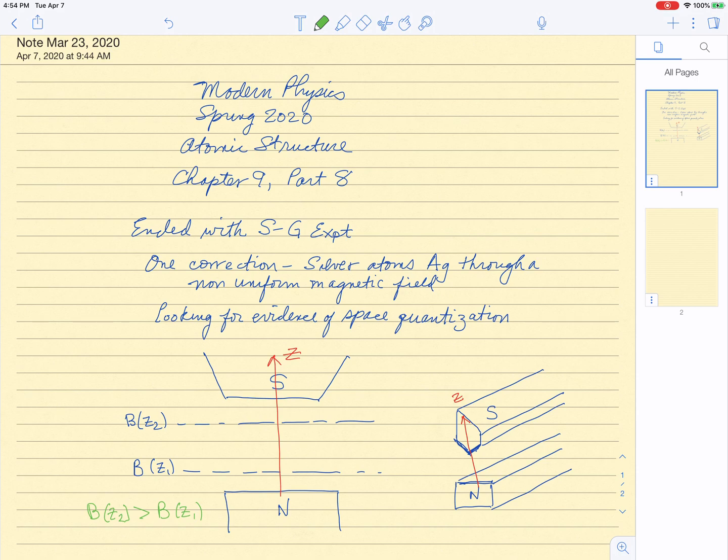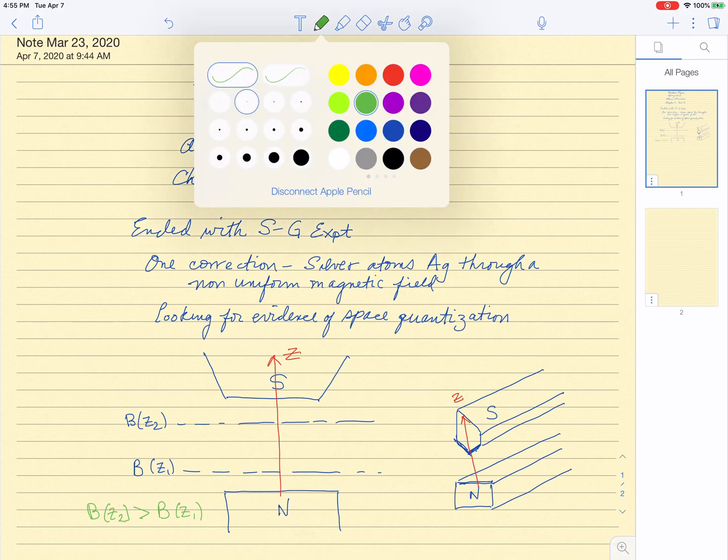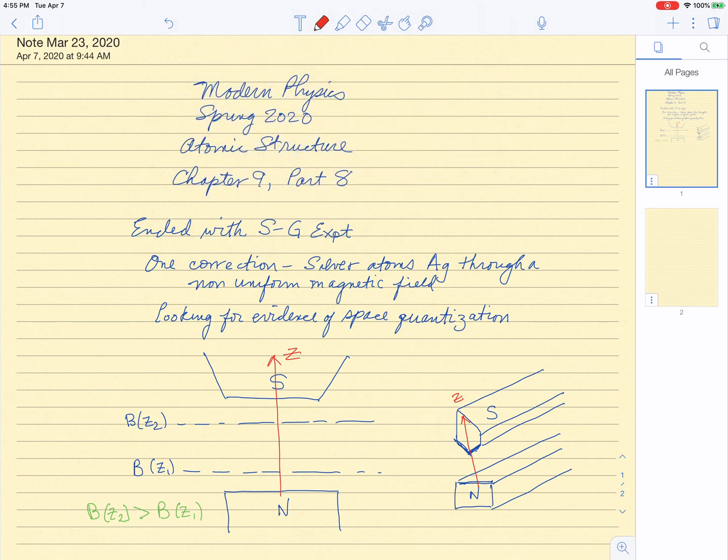So if you were to send in some magnetic moments, and if this were the magnetic moment mu, then the force on this part is going to be greater than the force on this part.